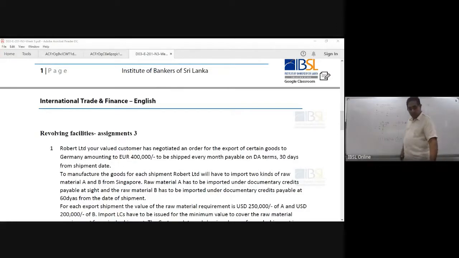To import RM, Silva Limited will have to open a usance LC for euro 80,000.